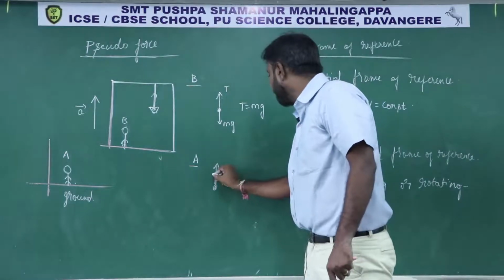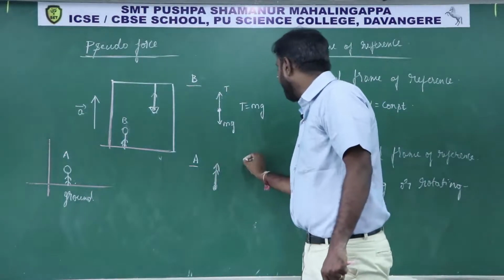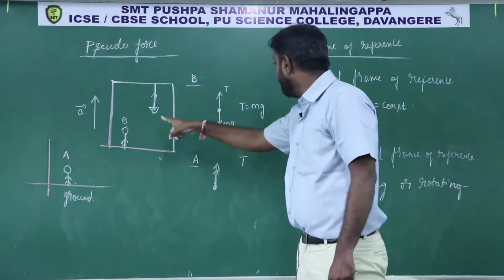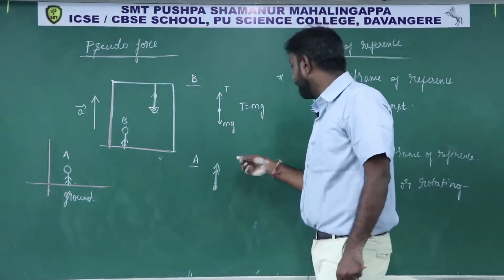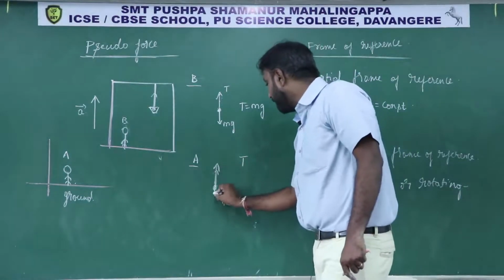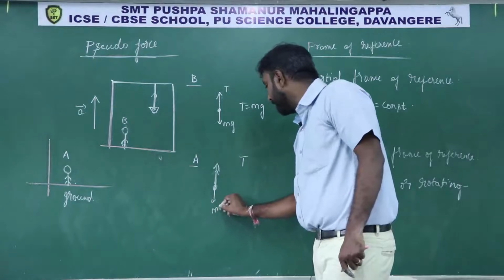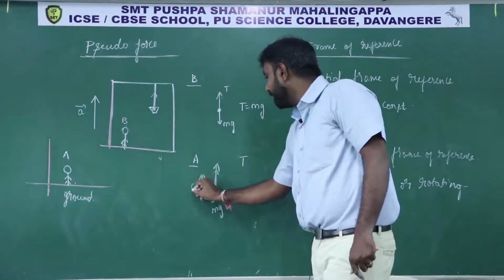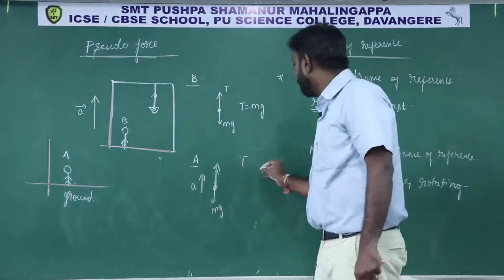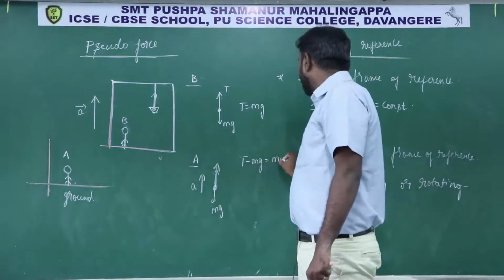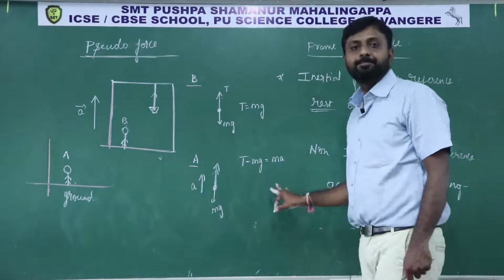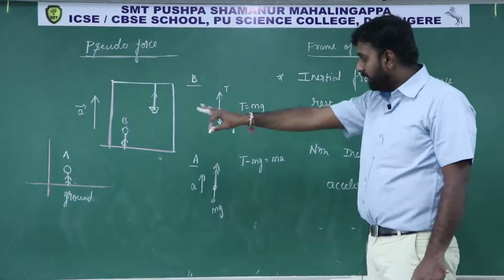Here you can write the equation as: T is not equal to mg. In the upward direction T force is acting and in the downward direction mg force is acting. For person A, the lift is accelerating, so T minus mg is equal to m into a. This is for the second person.